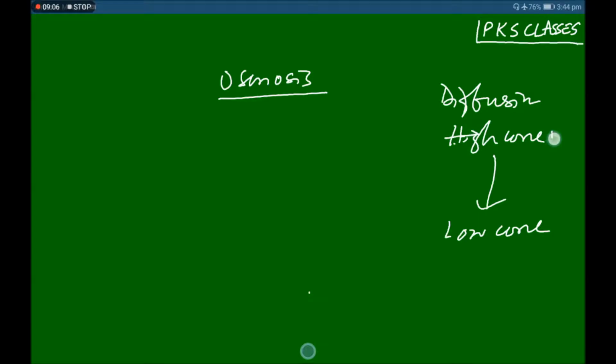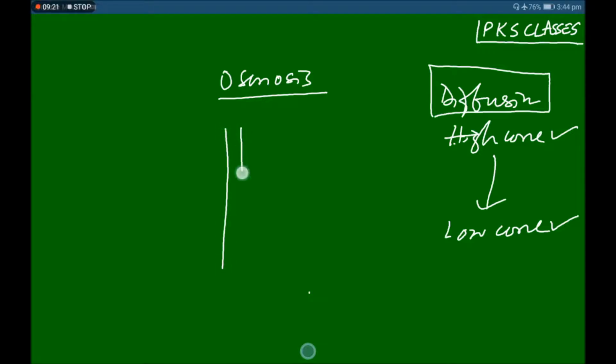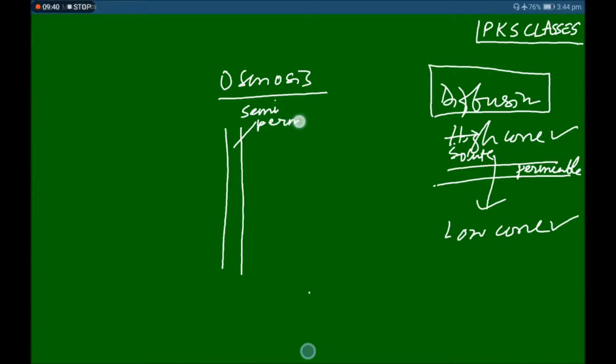In osmosis, the two sides are separated by a semi-permeable membrane. If the membrane is permeable, solute substances can go from high concentration to low concentration. But if we use a semi-permeable membrane, what will happen?